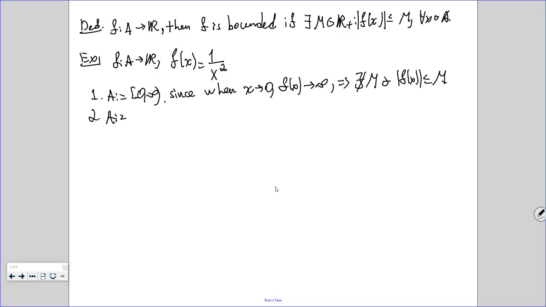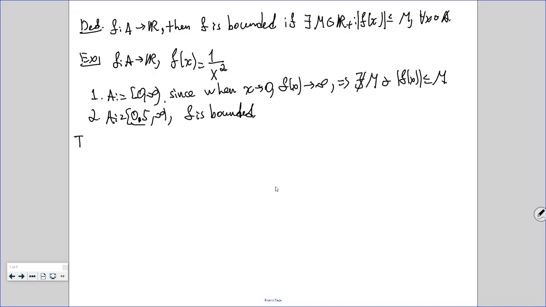But if we move a little farther from 0, let's say by 0.5, then on this part f is bounded, since we can always find an M such that f(x) is bounded.